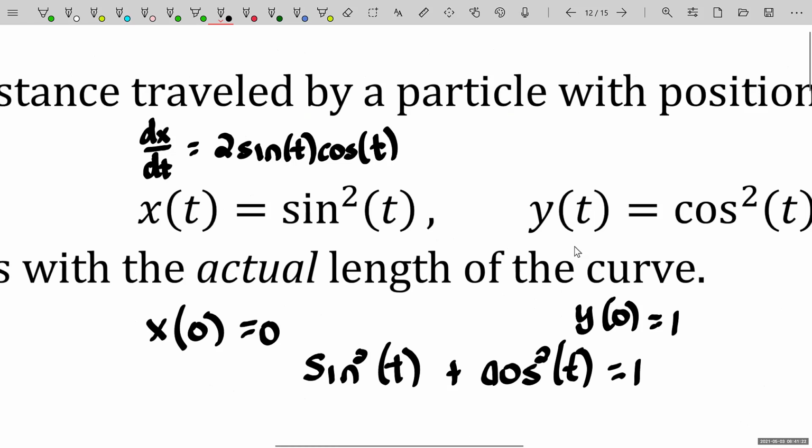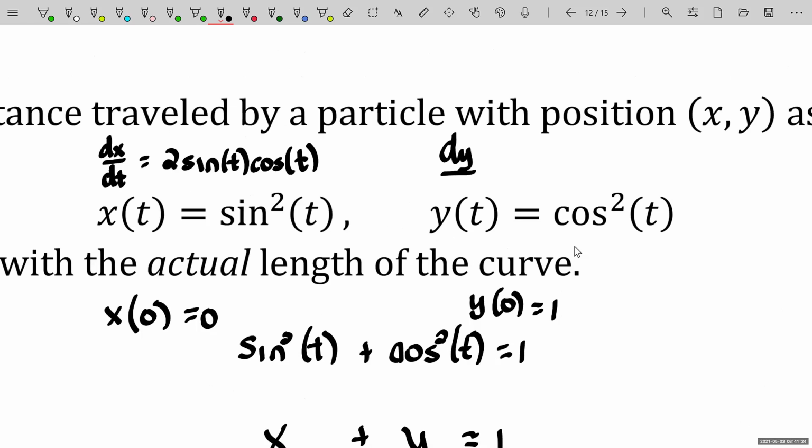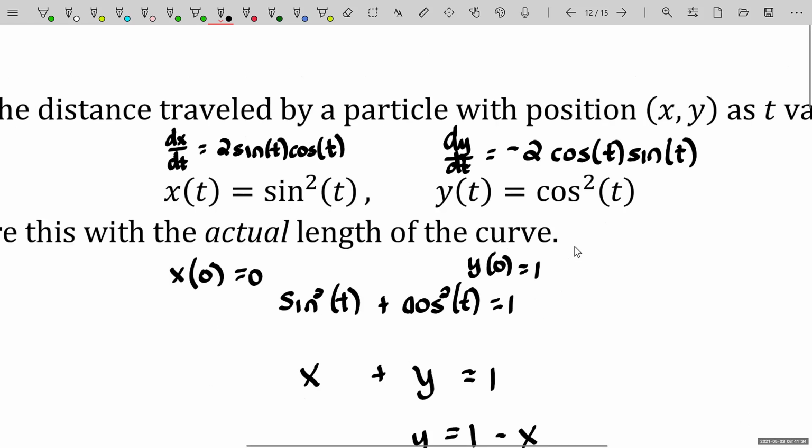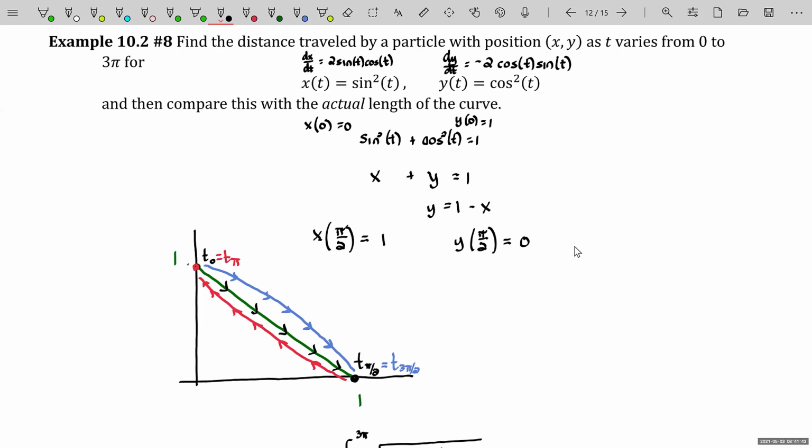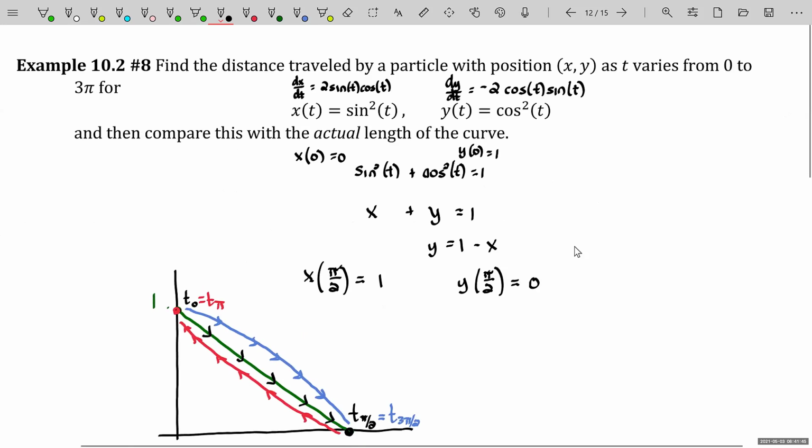Dy dt is going to be a negative 2 cosine sine. I suppose you could technically do that as the sine of the double angle. I thought that it would be slightly different, but no, you could totally do that as the sine of the double angle if you wanted to.